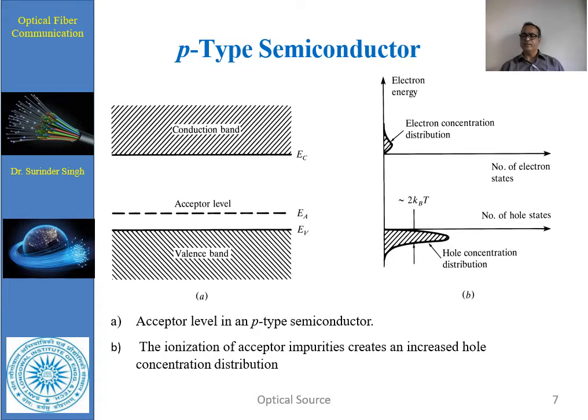This type of material is basically the p-type material, with the acceptor level just above the valence band, and ionization of the acceptor is created by the increase in hole concentrations.